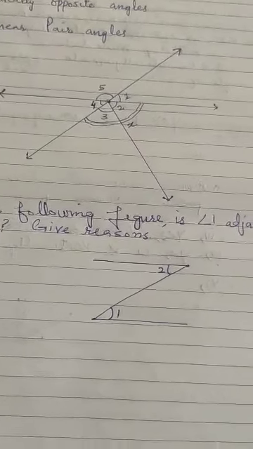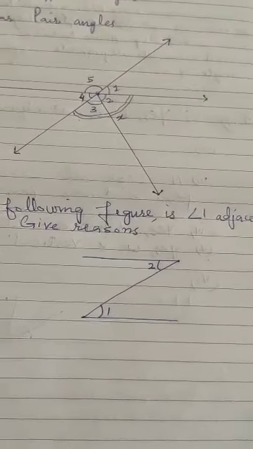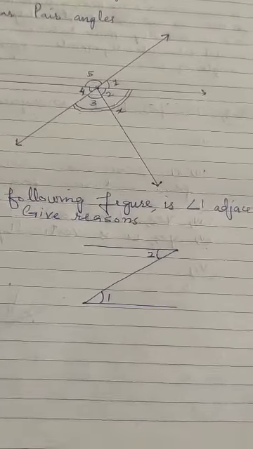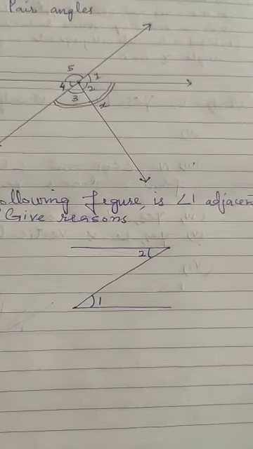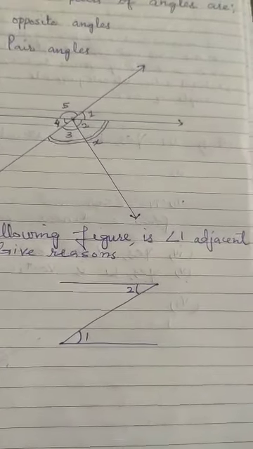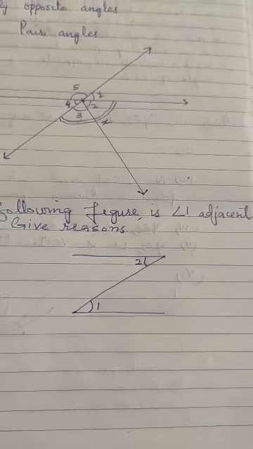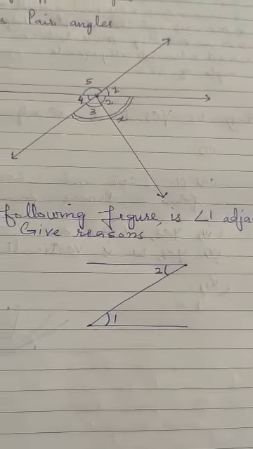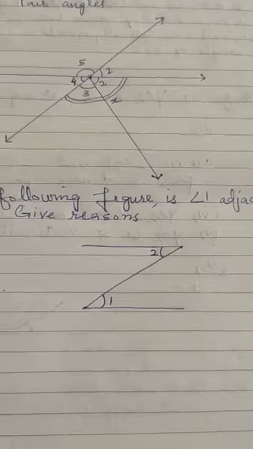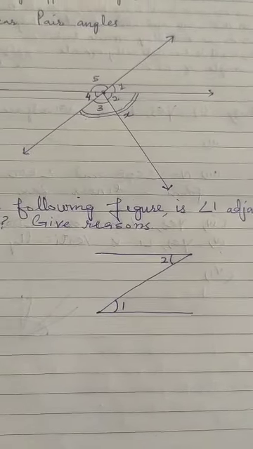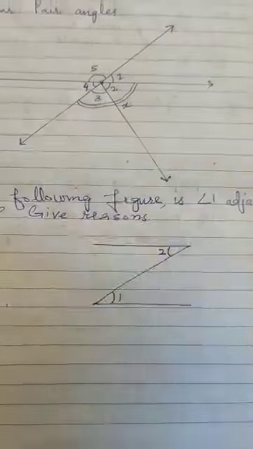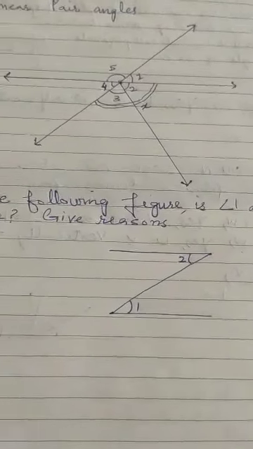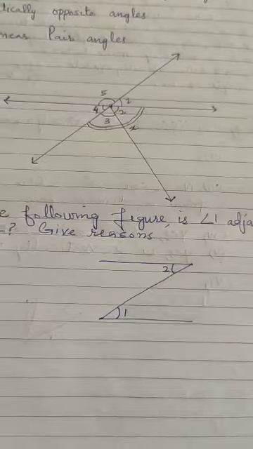The very first condition is that both the angles have a common vertex. The second condition is that both the angles have a common arm. And the third and last condition is that the non-common arms of both the angles are on either side of the common arm.